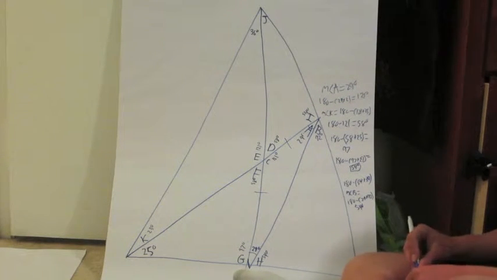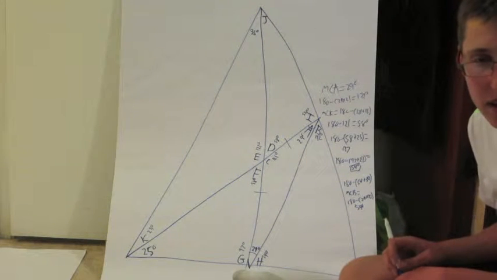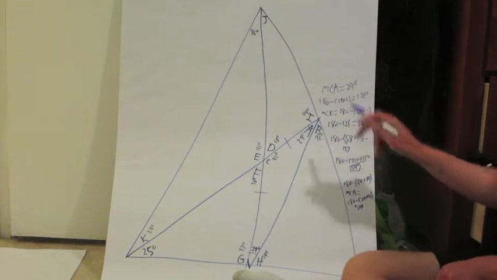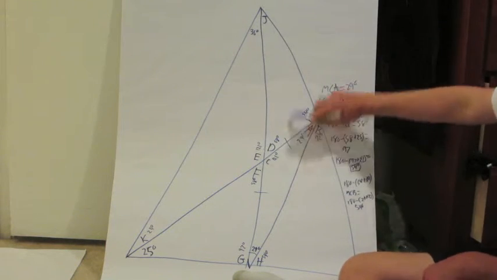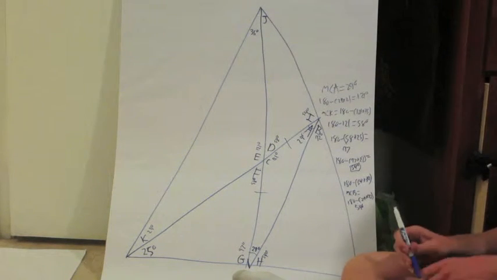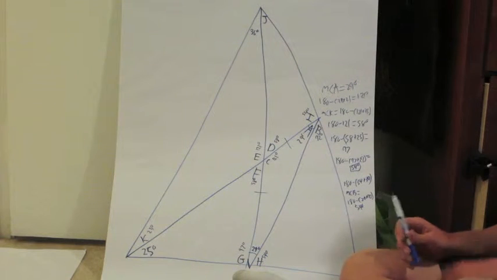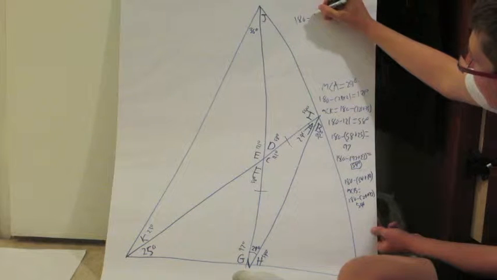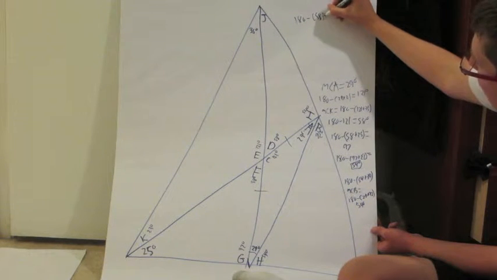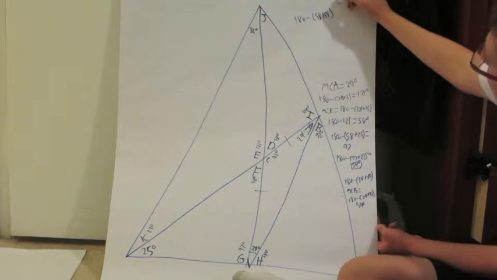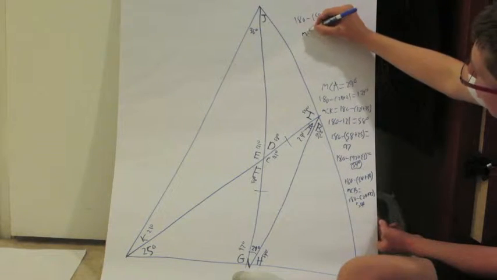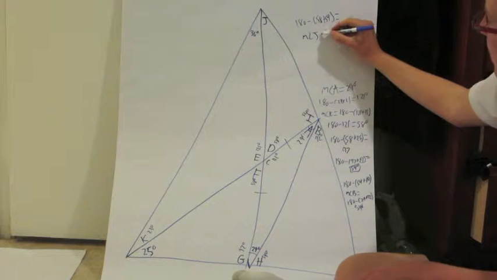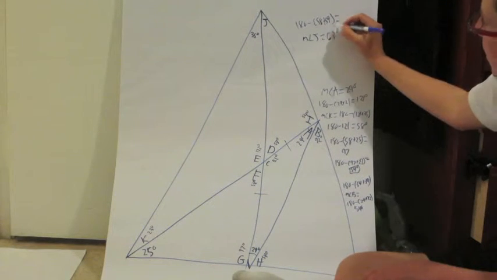So now the last measure that we need to solve is angle J. Angle J we can solve by using the sum of the angles of the triangle. So if we do 180 minus 58 plus 54, we can figure out that the measure of J is 63 degrees.